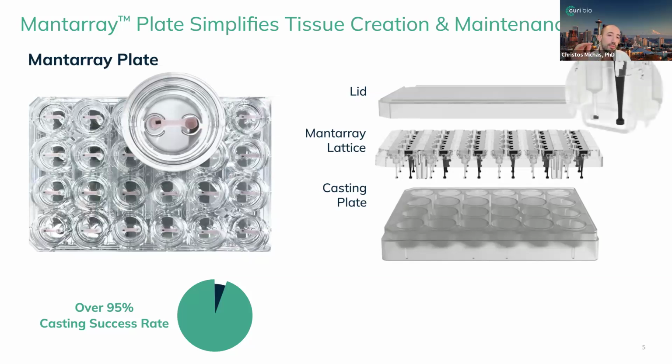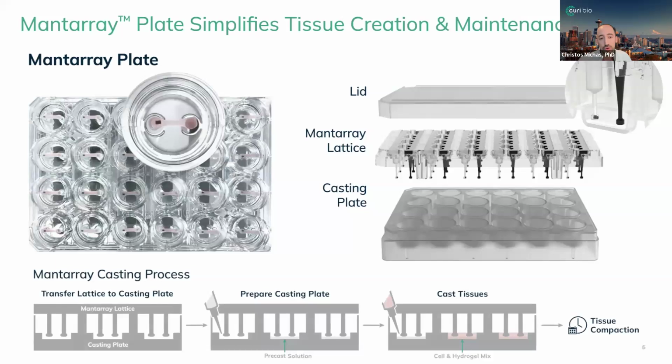If you were to place a Mantarray lattice and the casting plate together, you would get a situation like in the image on the top right, where the tips of the posts are situated within a very narrow well. And so all you have to do is go in with your pipette or your automated robot and extrude hydrogel and cells, which are then going to compact and spontaneously form tissues.